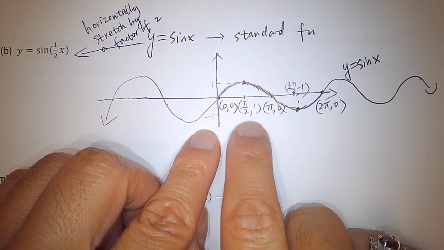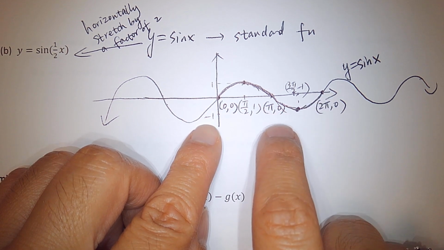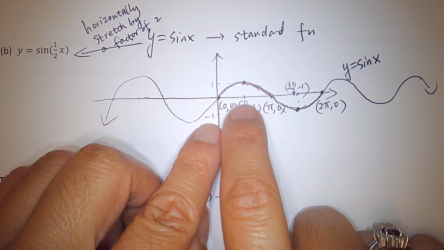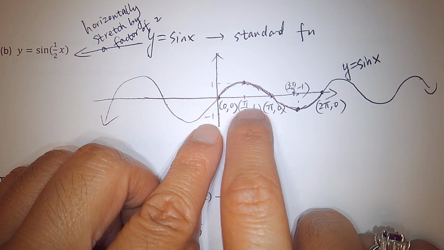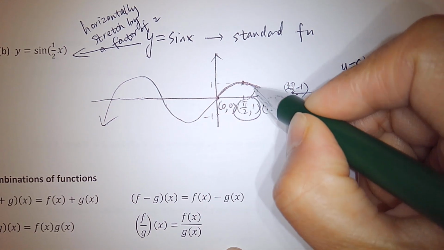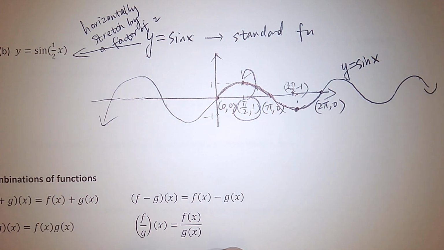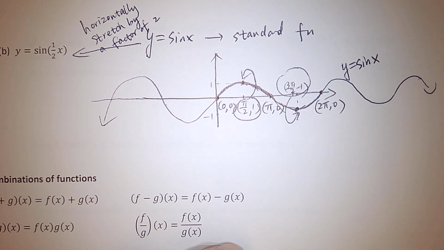So I should write this coordinate here for this point. That makes sense, right? And this is for this point. But you know now the full circle is 4 pi, right?